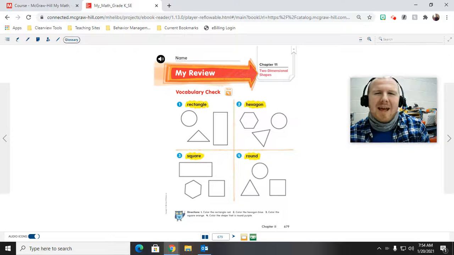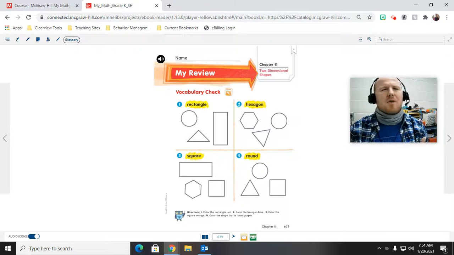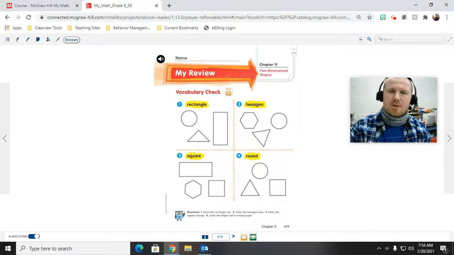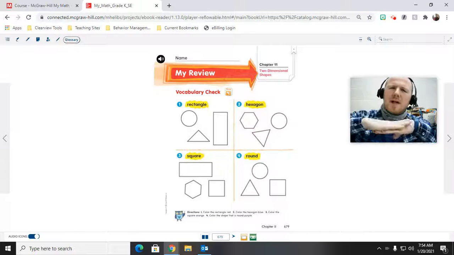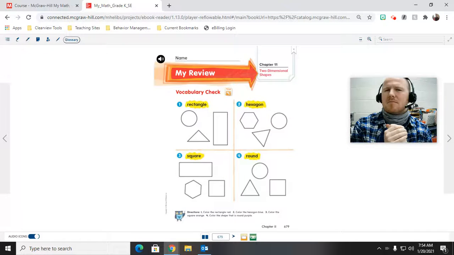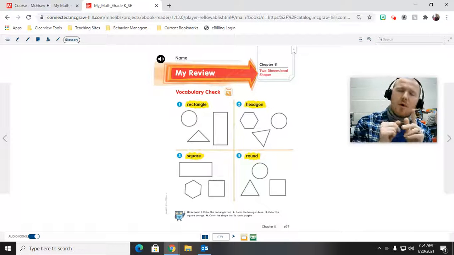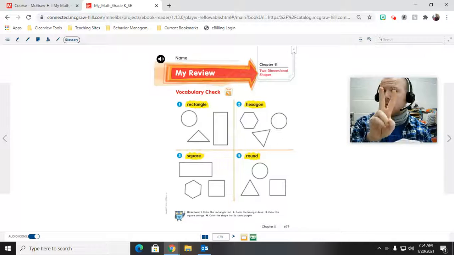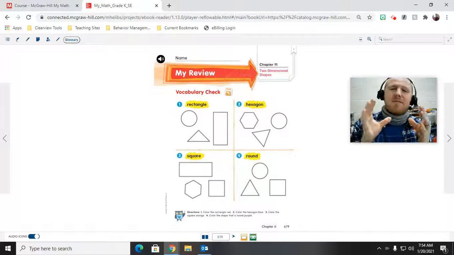And this video is just a review of what we've been learning in my math with shapes, two-dimensional shapes, also called flat shapes. Why? Well, we've been looking at all of them from two dimensions. We've been looking at how many sides they have and vertices.